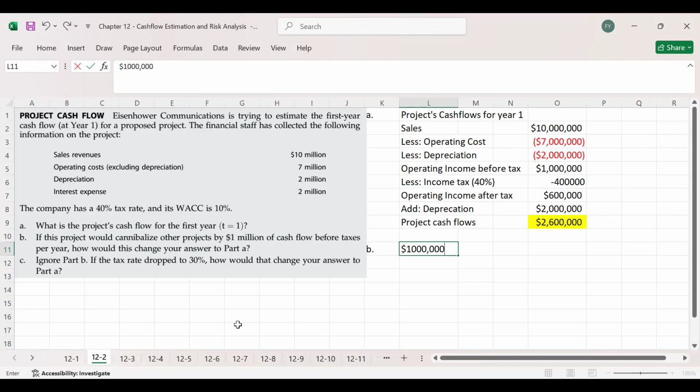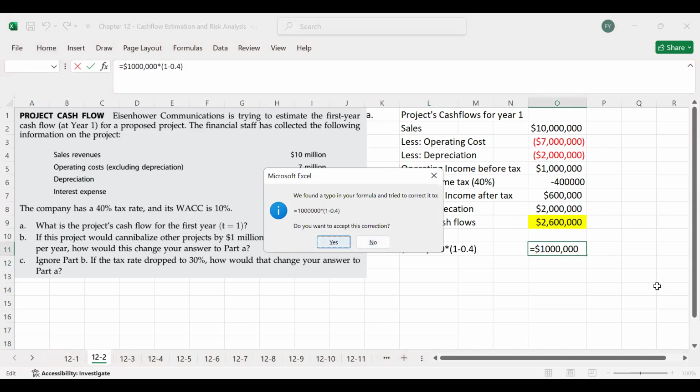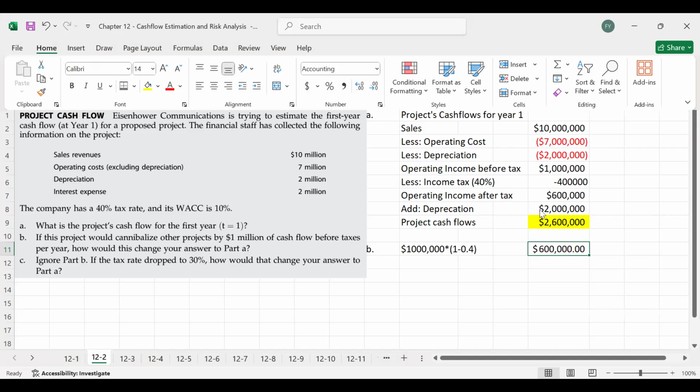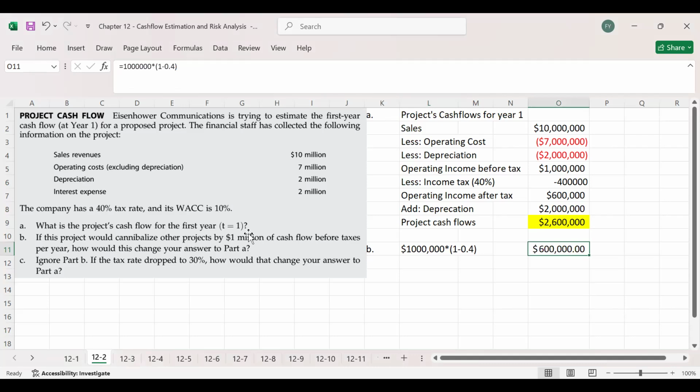So we simply take the impact of tax, or you can say 1 minus t. So we multiply it by 1 minus tax. Tax rate is 40%. So when we multiply it like this, 6 lakh is the after-tax impact, because in the problem, it is 1 million of cash flows before taxes per year.